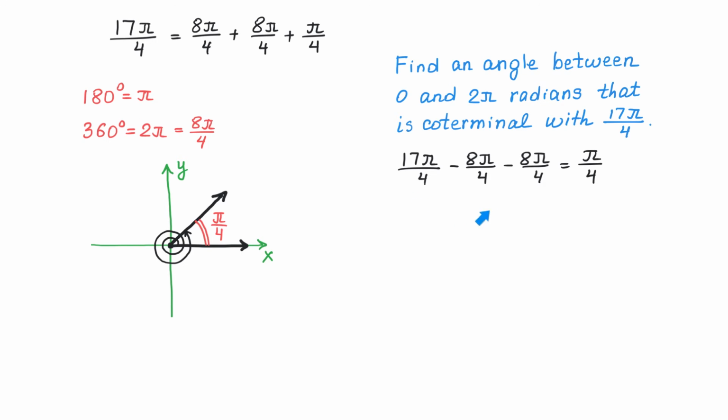So both these angles have the same initial side and the same terminal side, and the terminal side lies in quadrant 1. Then we know that in quadrant 1, the reference angle is the same as the given angle. So if we use pi over 4 to find the reference angle, then we can say that the reference angle is also pi over 4. So we will write that the reference angle equals pi over 4.